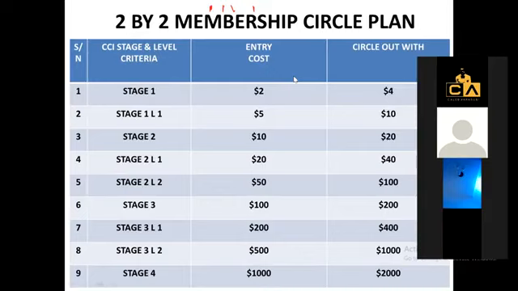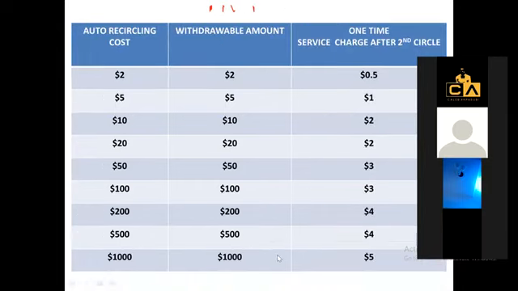That's how it runs on and on, up to, I think, the highest: stage 4 and above, you can join the $1,000 cycle plan. When you recycle with $2,000, $1,000 will be taken for auto recycling, and the $1,000 is withdrawable. But don't forget, on your second recycling, $5 will just be deducted.